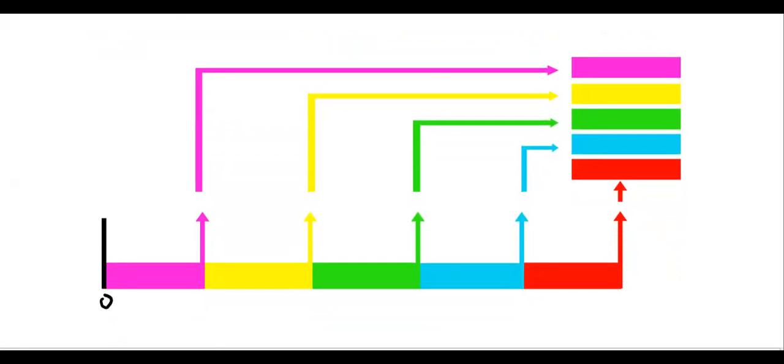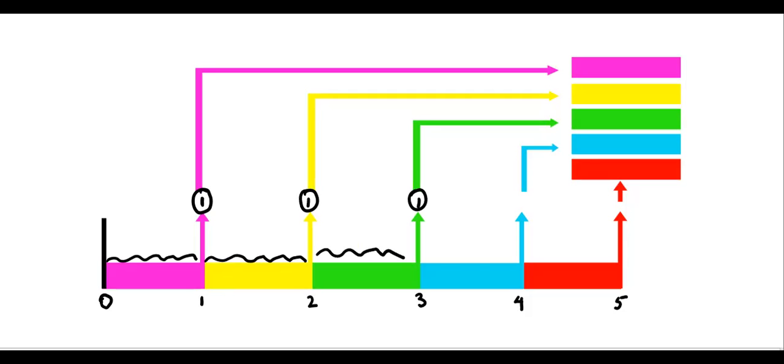Suppose this is 0, then 1, 2, 3, 4, 5. For each of these years, we have a payment here.